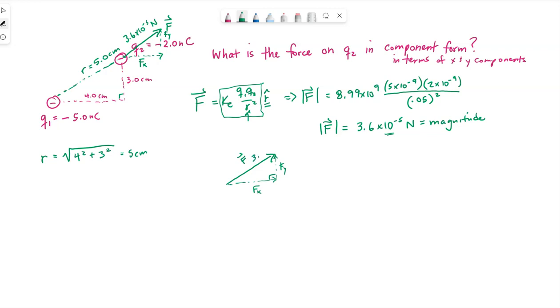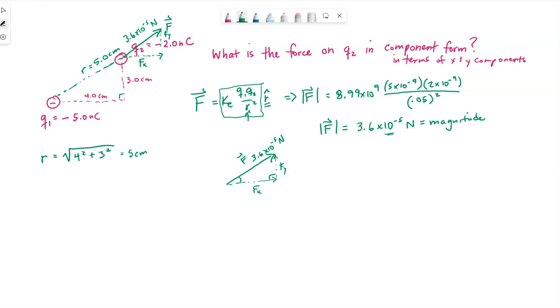We now currently know the length of this hypotenuse, because that represents the magnitude of the force. To get the x and y components, we also need an angle.